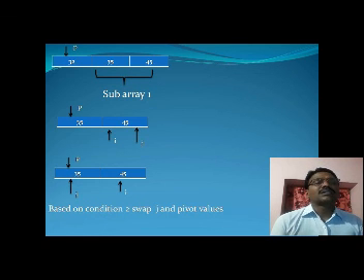In this case, the first element is the pivot element, and I and J are representing the same position, that is 45. J is a greater value, so J is decreased. Again the I indexing value is less than the J indexing value, so based on condition 2, change the J and pivot value.